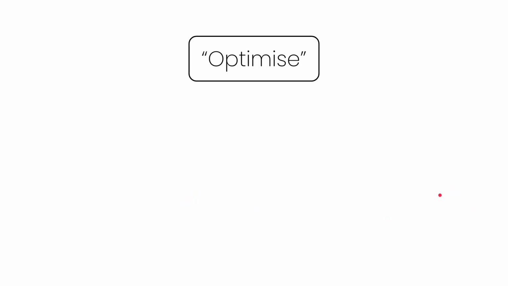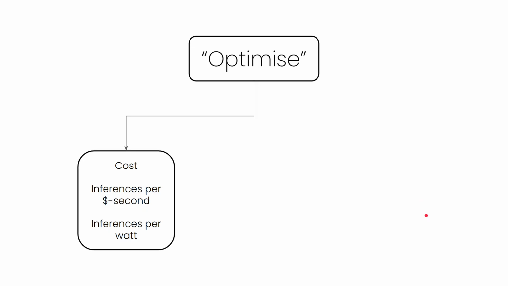To get started, we have to talk about what it means to optimize our AI algorithms. What are we actually trying to do in the hardware that we're designing? Well, there are a number of goals which are important. Obviously, there's the cost. If we're trying to create, for example, a GPU, clients won't buy it if it costs too much. And the cost can be the inferences you get, the performance you get per second, divided by the number of dollars for the chip.